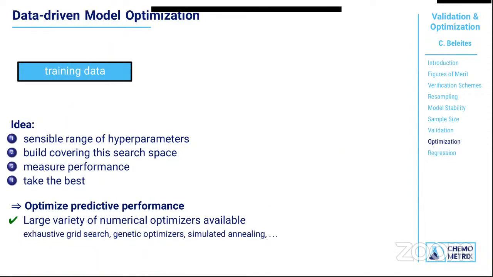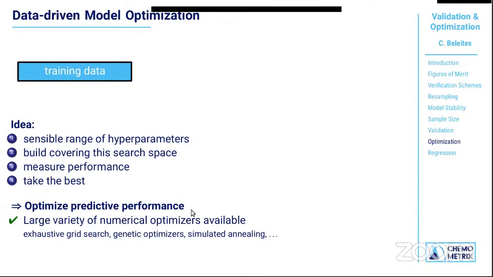And basically what is usually done follows the idea that we determine a sensible range, a search space, for our hyperparameters. Then we build models that cover somehow all this search space. We measure the performance, that is, we do verification for them. And then, after verification, we know what the performance is, and then we can take the best.